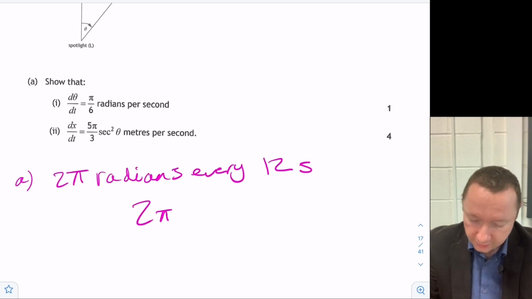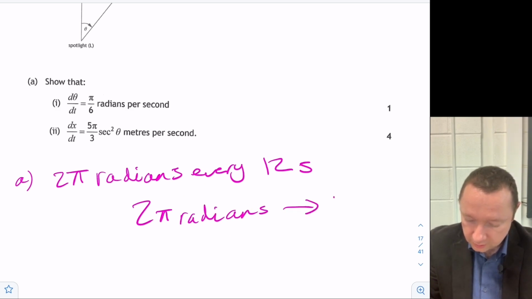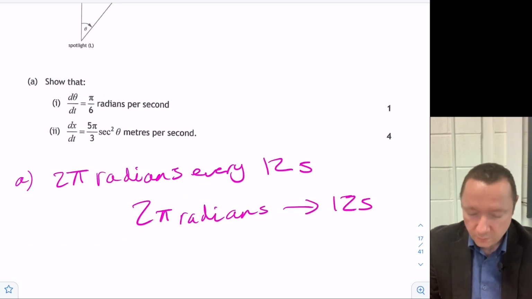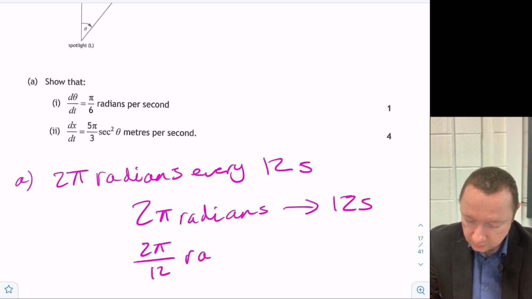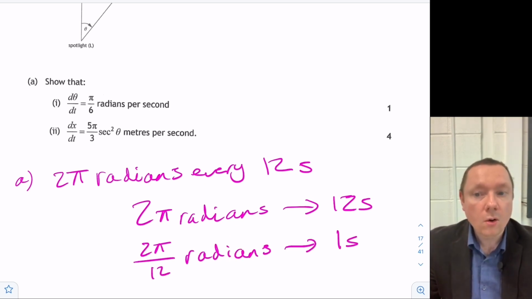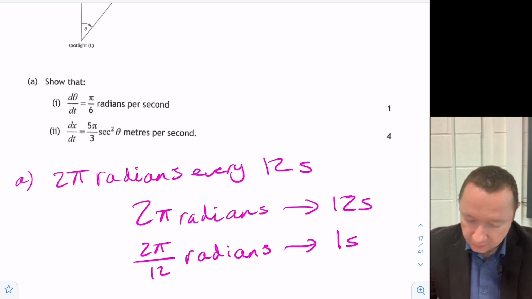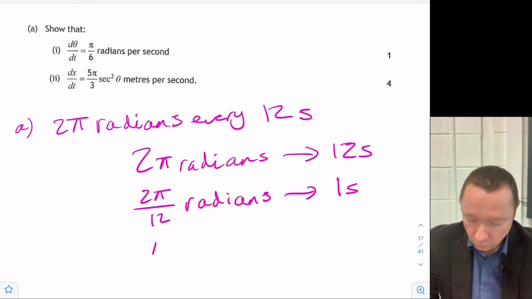So 2 pi radians in 12 seconds means you've got 2 pi over 12 radians in 1 second. Simplifying that gives us pi over 6 radians.